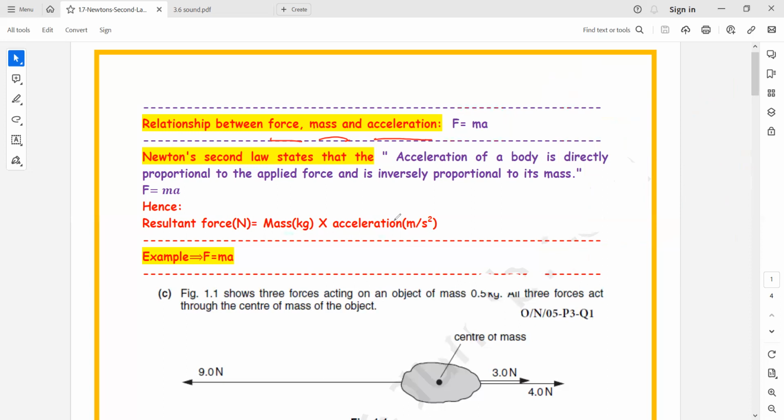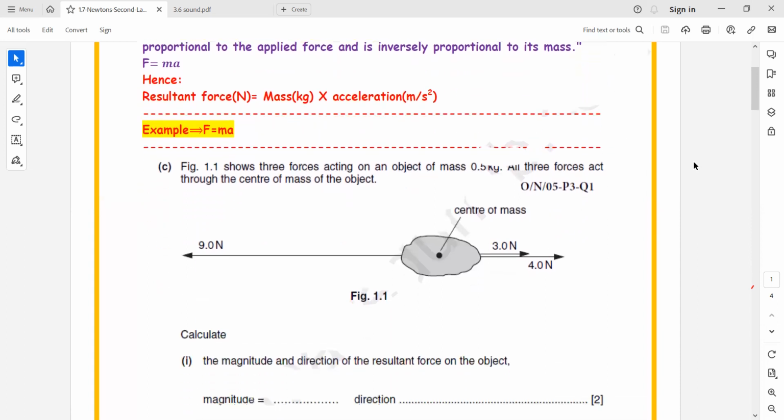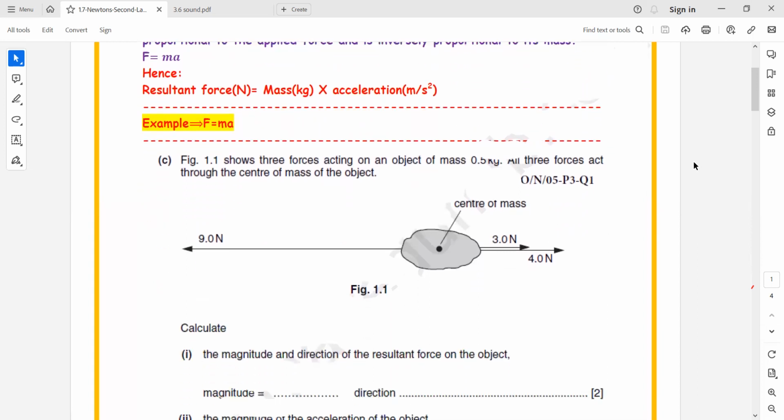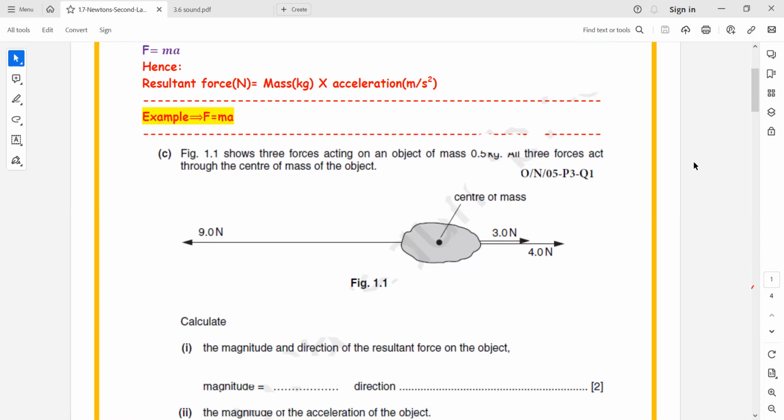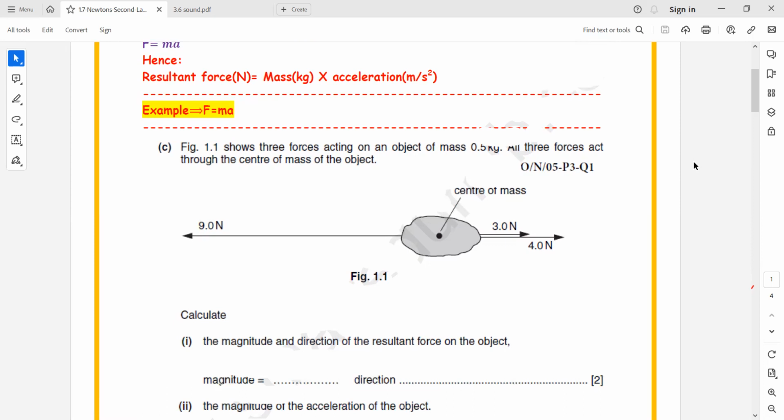As you can see these questions, here is a figure showing three forces acting on an object of mass 0.5 kg. All three forces act through the center of mass of the object.